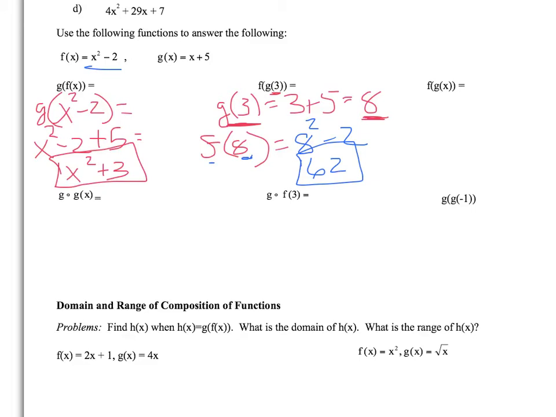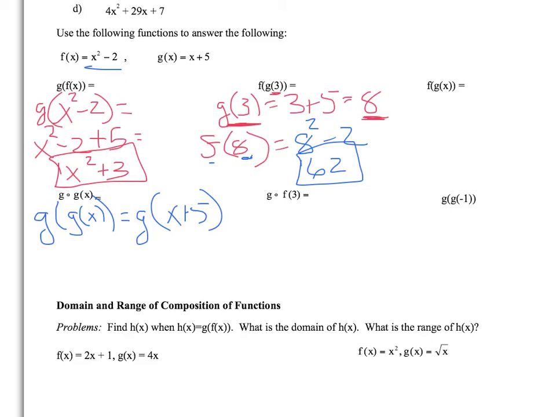I'm going to leave the next one for you guys to try. Let's look at g of g of x. I will use the parenthesis notation first. And you work inside to outside, so I'm going to plug the g of x, the x plus 5, in for the inside. So it's g of x plus 5.